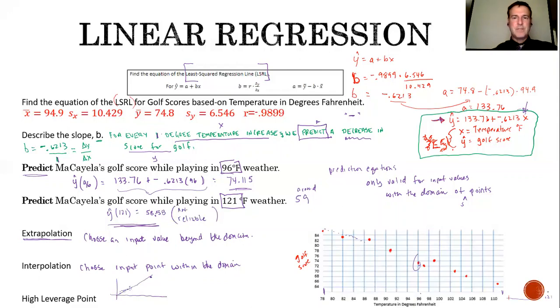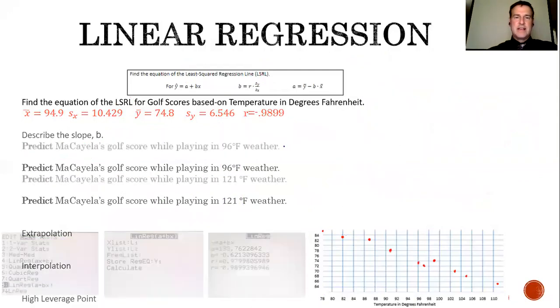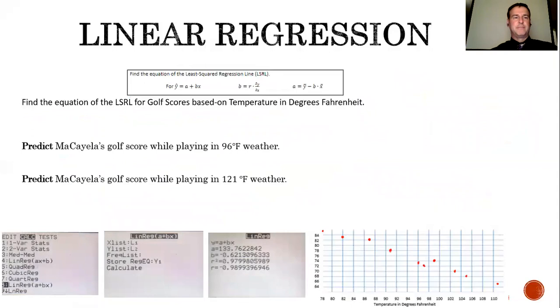All right, so we found this least squares regression line. We used these fancy little formulas for b and then for a, and we came up with our equation. Don't forget to write your x and your y. Now, here's something different. It says find the least squares regression line for golf scores based on temperature in degrees Fahrenheit. Now you're like, I've done this before. Why would I want to do this again?